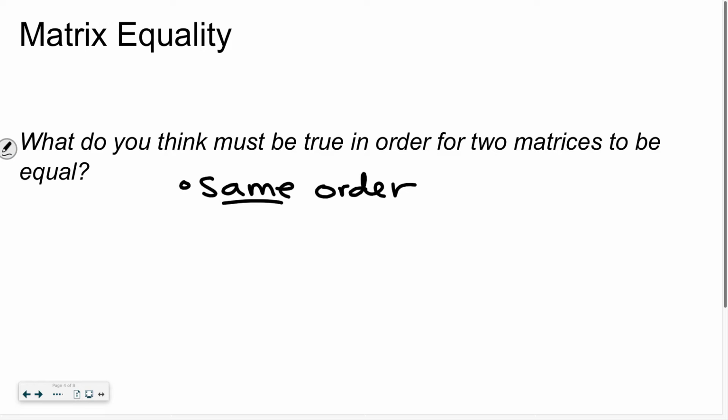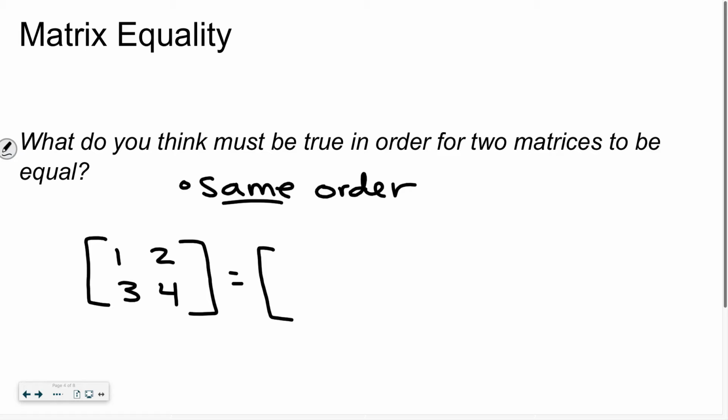Like we used that word. Because don't we mean that in math when we say things are equal, they're the same thing? Okay. So then my question to you is, are those equal matrices?